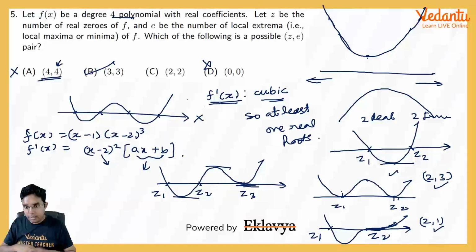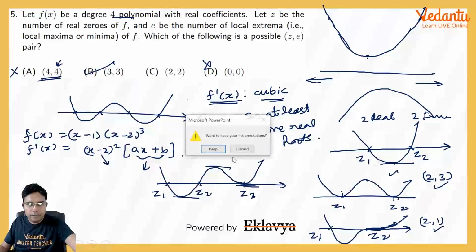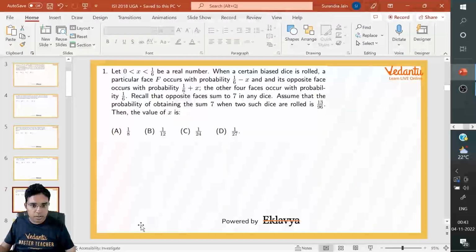But with 2 I am not getting whether we can find 2 in any of these scenarios. Maybe I'm missing something. I don't think so. Let me take another slide where I'll do the remaining calculation.